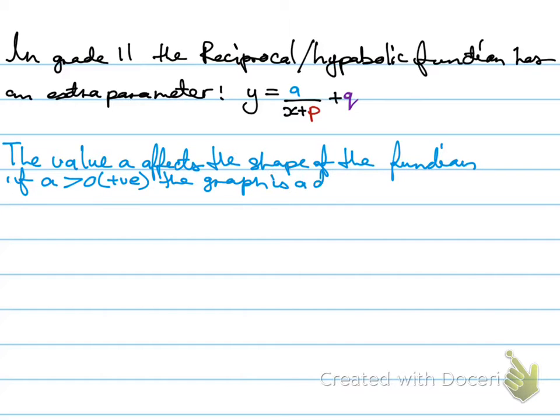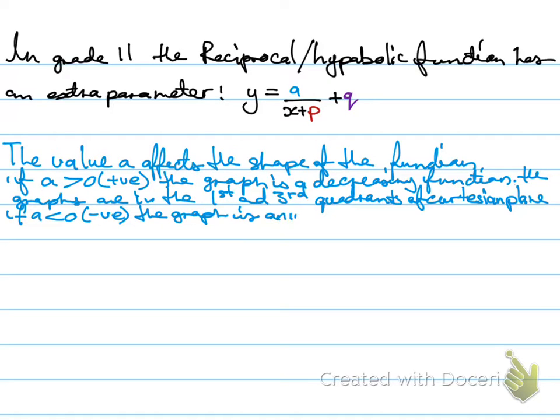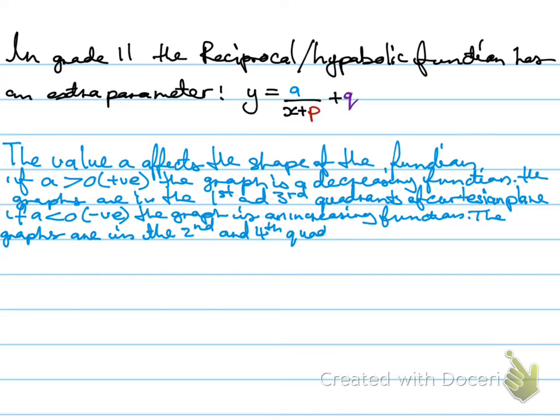If a is greater than 0, the graph is a decreasing function, and the reciprocal graphs are found in the first and third quadrants of the Cartesian plane. And if a is less than 0, that is negative, the graph is an increasing function, and the reciprocal graphs are found in the second and fourth quadrants.